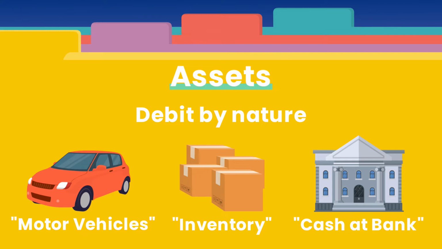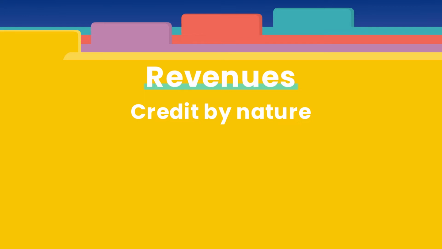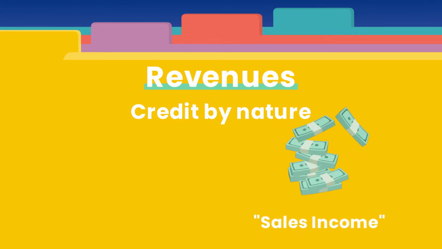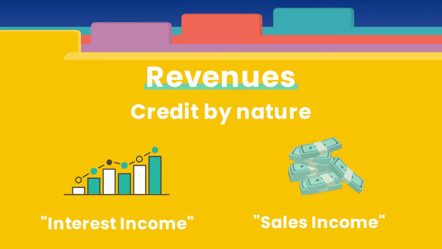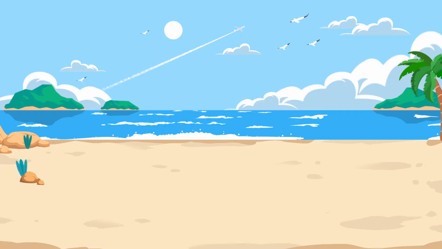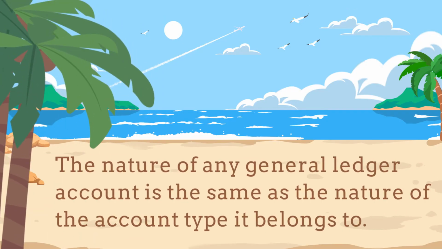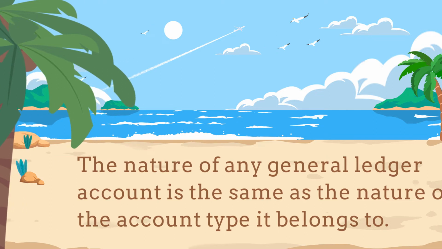They are all assets and they are all debit by nature. Likewise, any general ledger accounts that belong to the revenues account type will be credit by nature. This could include accounts such as sales income and interest income. So as you can see, the nature of any particular general ledger account is the same as the nature of the account type it belongs to.